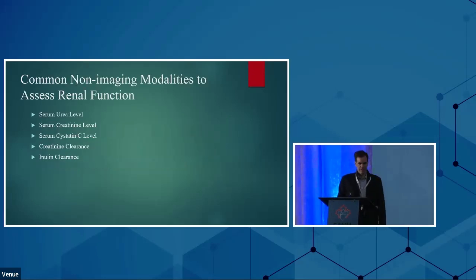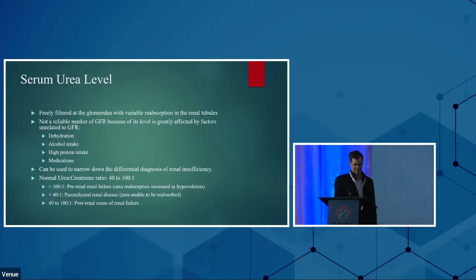So, common non-imaging modalities to assess renal function. I think of the words serum creatinine, serum urea, and I'll mention briefly cystatin C level, 24-hour urine creatinine clearance, and inulin clearance.